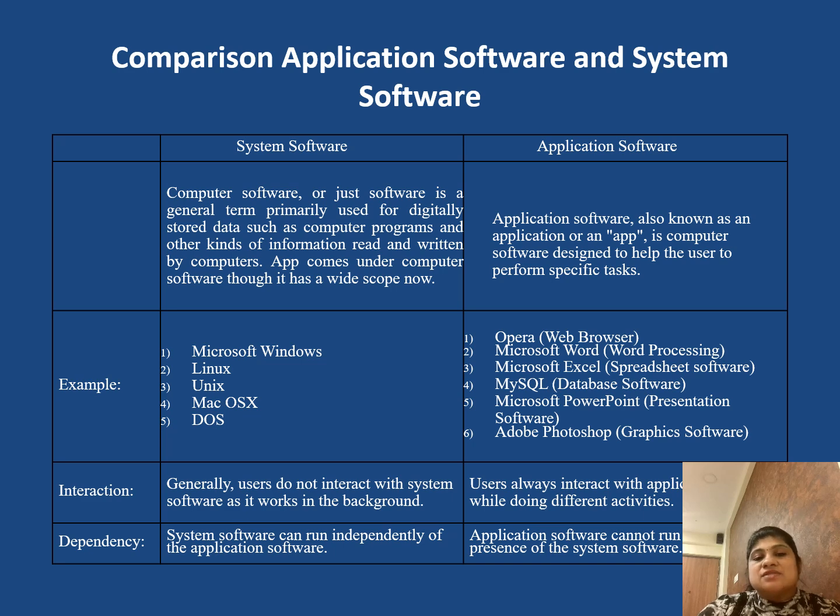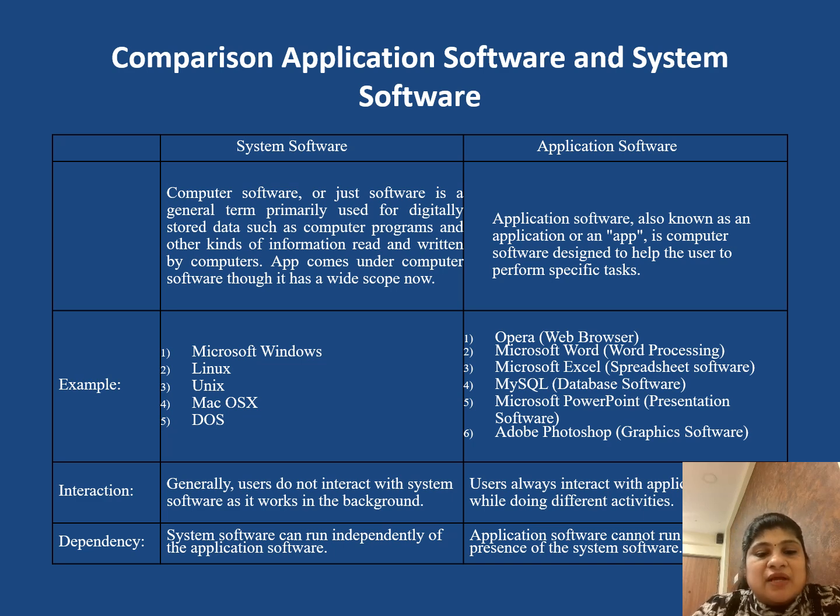Now we compare application software and system software. System software and application software are the two parts of computer study. Computer software, or just software, is a general term primarily used for digitally stored information related to the components. Application software, also known as an app, is computer software designed to perform specific tasks.